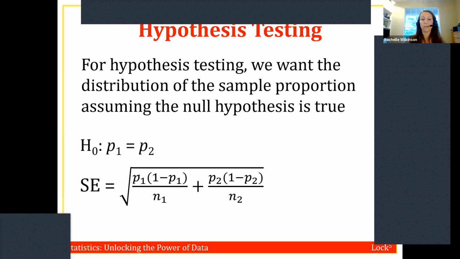When we did a confidence interval, we replaced these with P hat 1 and P hat 2. But when we're doing a hypothesis test, we're starting with the assumption that the null hypothesis is true. And if the null hypothesis is true, then we could actually combine all of the data into one big group if P1 and P2 are actually the same.